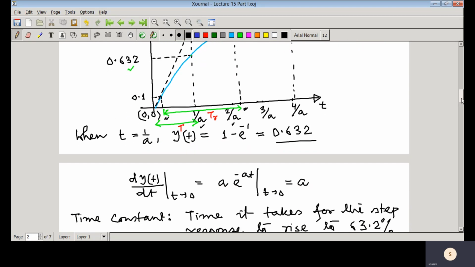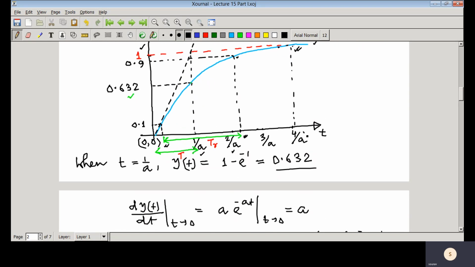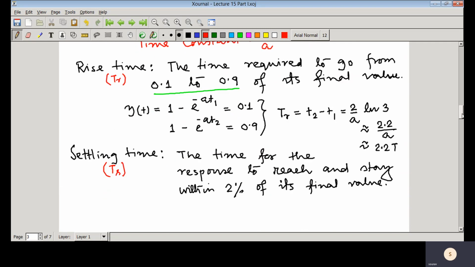We can see that it is almost 4 times the time constant, and this time is Ts, that is that settling time.